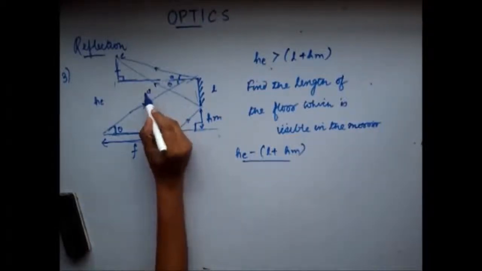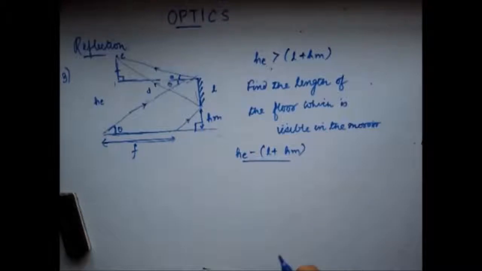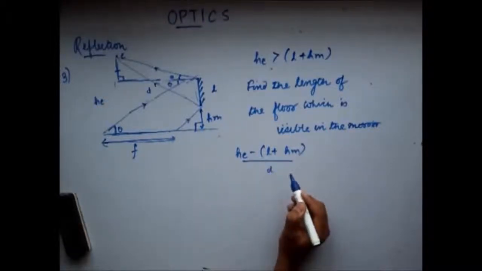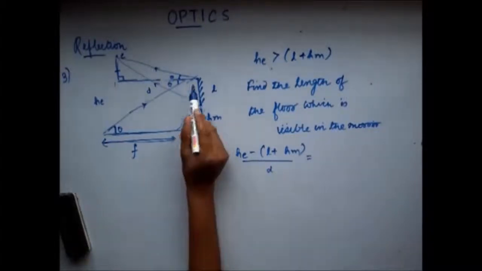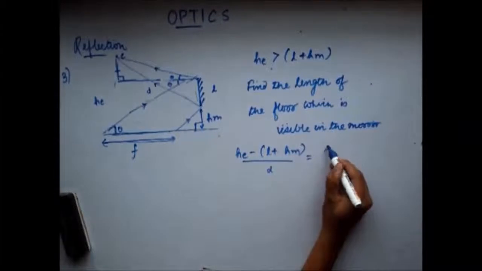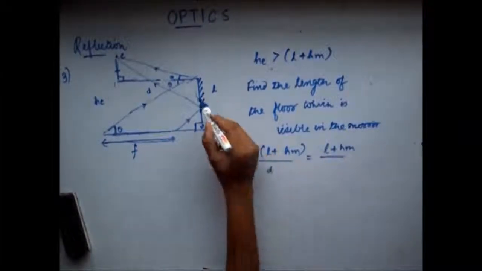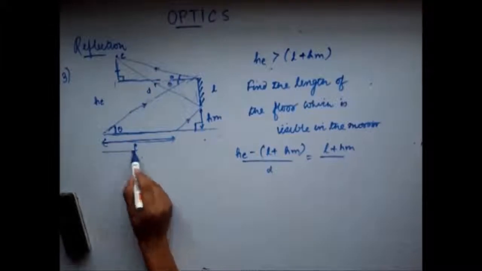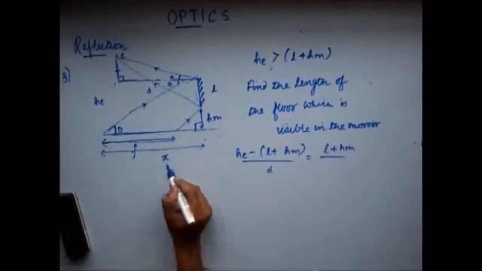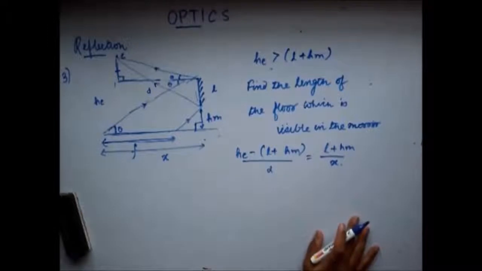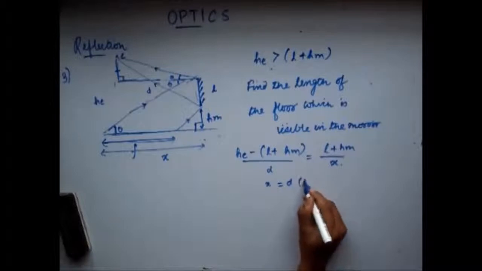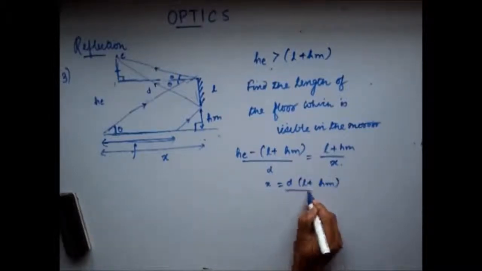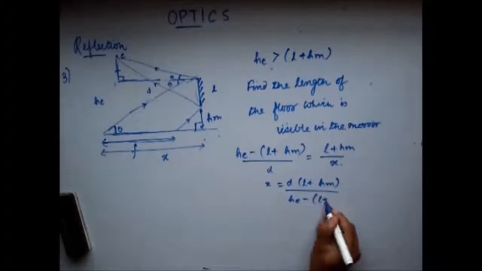Let's assume that this distance is D. I didn't tell you in the question that this distance is D, so this distance was given as D. HE minus (L plus HM) divided by D is equal to, this height is L plus HM in this triangle, and this whole length, let's assume it as X. So my X I'll get as D times (L plus HM) divided by HE minus (L plus HM). This is my X.